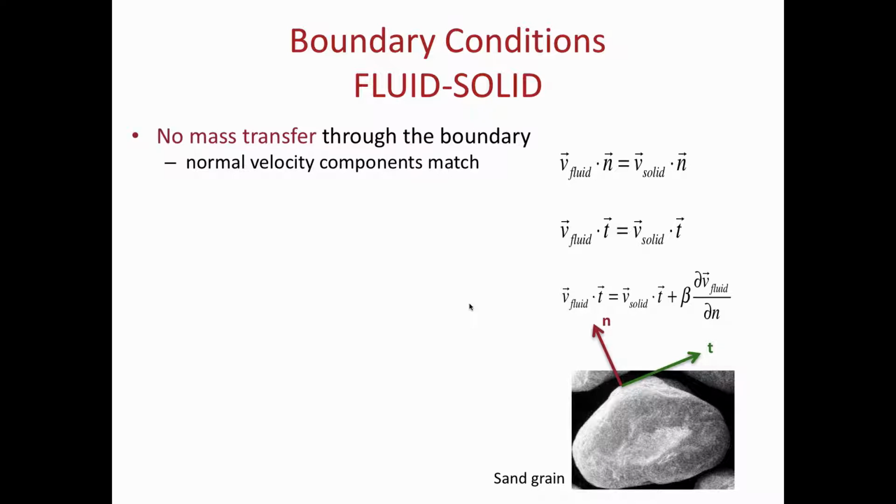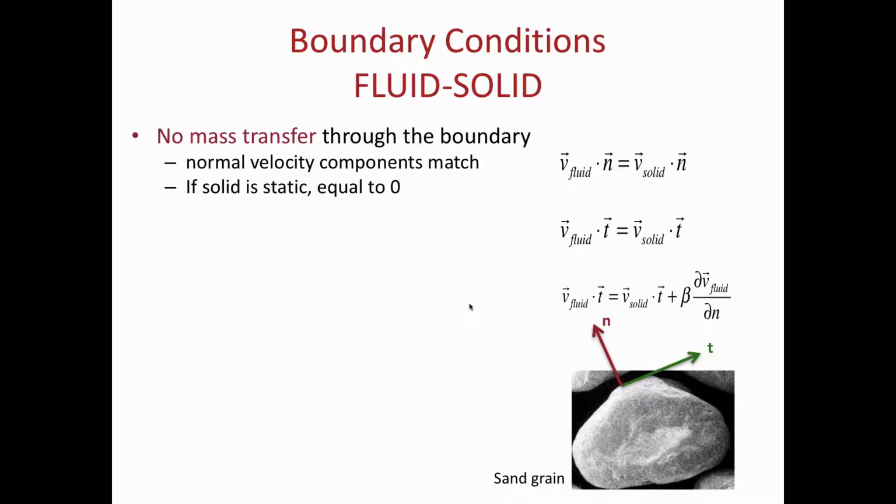So here's my little solid grain with a normal and tangential component to it. The tangential part is actually a plane, and a plane is described with two tangential vectors. I define a little local coordinate system next to that boundary.